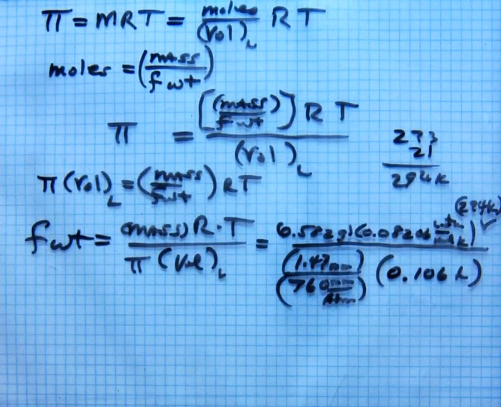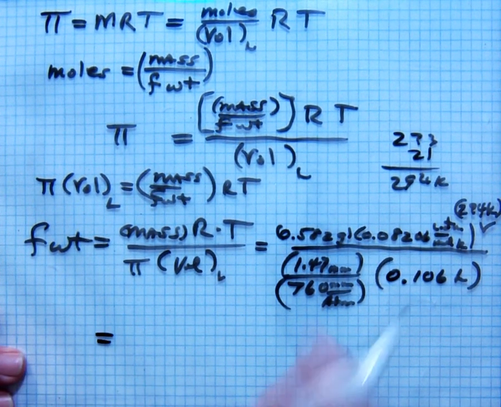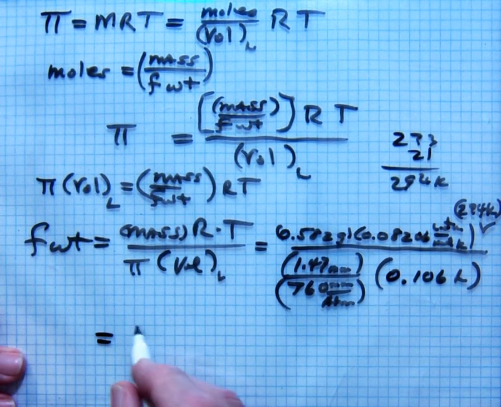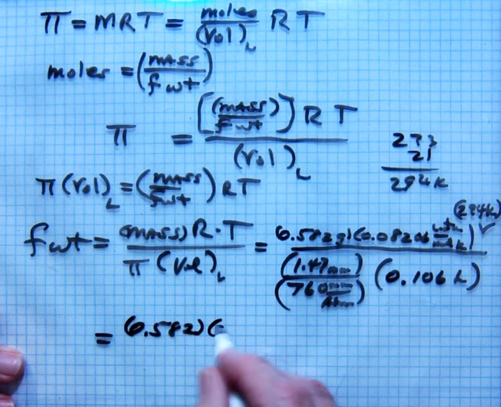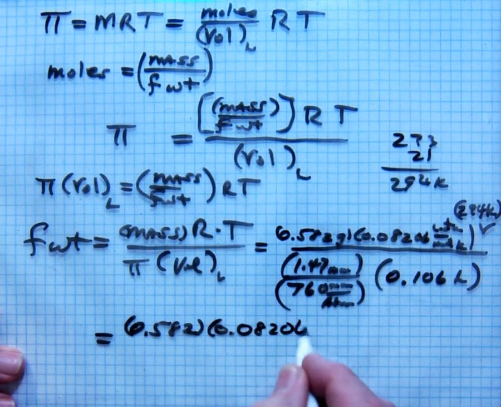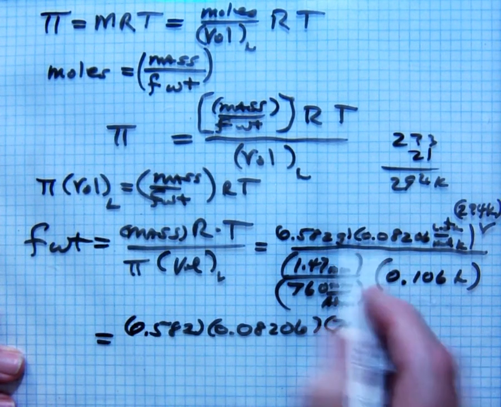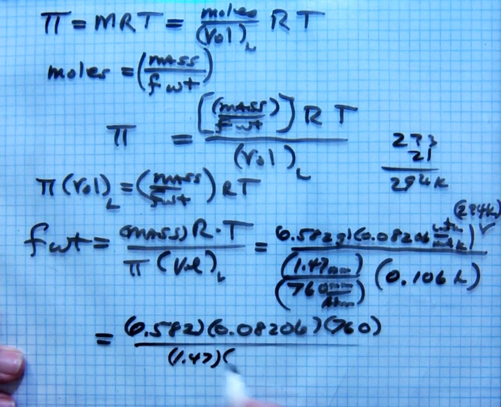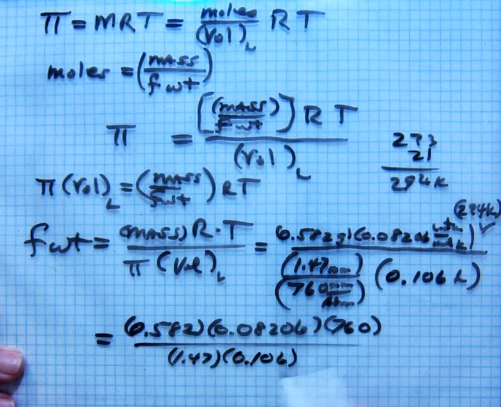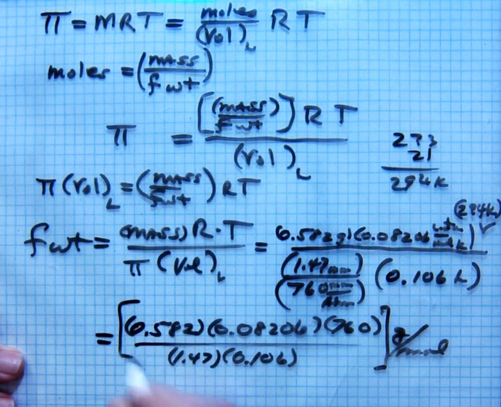And so, simplifying this, I'm going to invert this ratio, and I have 0.582 times 0.08206, then invert multiply 760, and that's divided by 1.47 and 0.106. It all comes out in grams per mole, and that is the answer we're looking for.